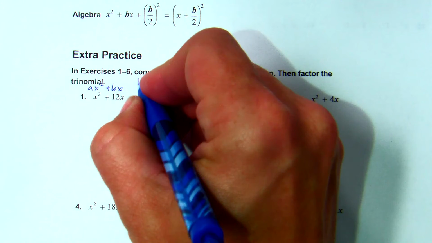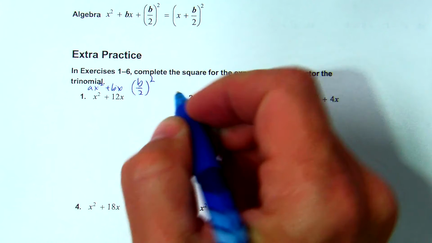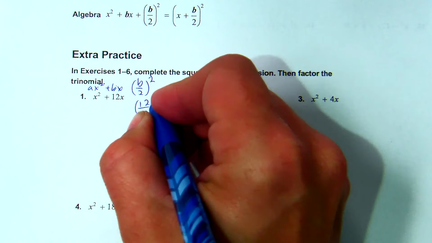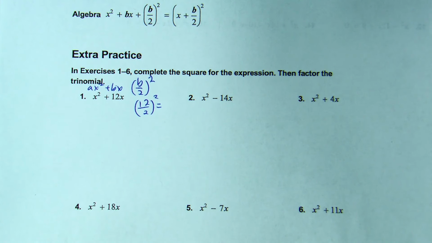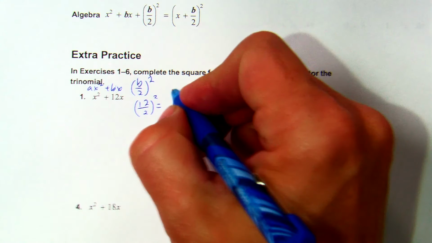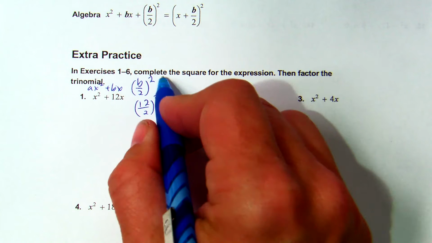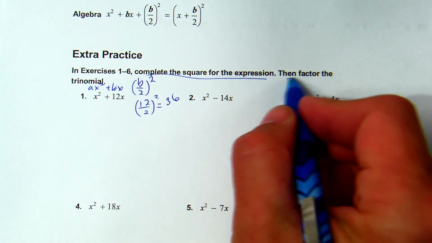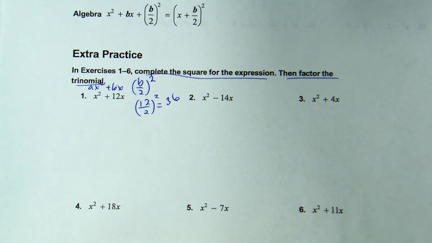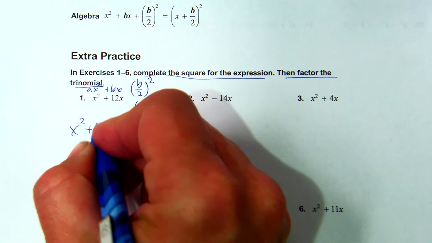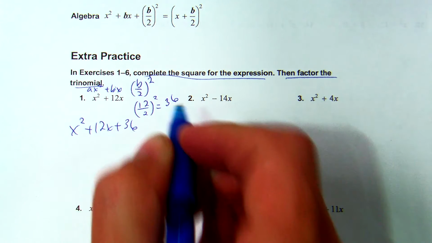So (b/2) squared is going to be 12 over 2, and we square that. 12 divided by 2 is 6, and then 6 squared is 36. So at this point they want us to complete the square, and then they just want us to factor the trinomial. So I know that this is going to be x squared plus 12x plus 36.